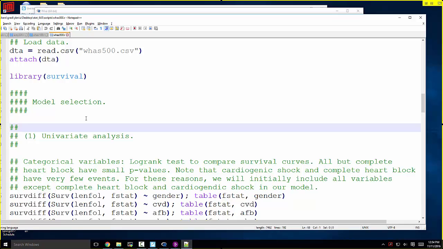If not, then arguably that variable doesn't need to be in the model. If it was a categorical variable, we could make side-by-side box plots of the response for each level of the categorical variable. And if all the boxes are right next to each other, again, it doesn't look like that's an important variable.